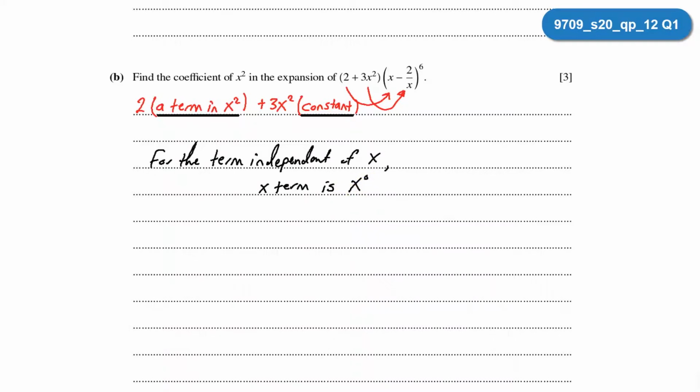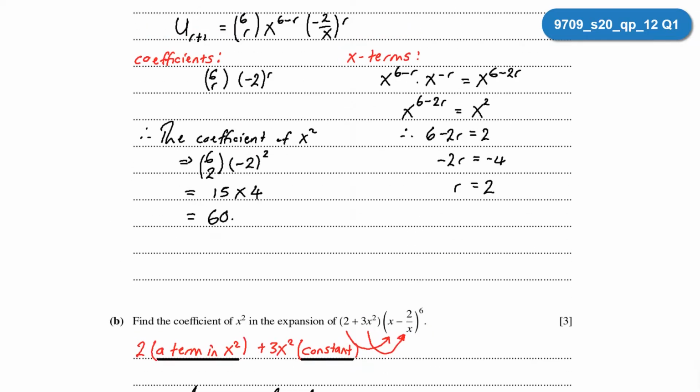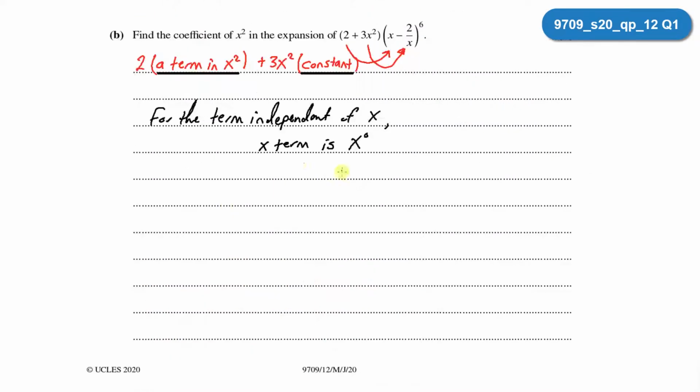So the general expression for the x terms, we got it to be x to the 6 minus 2r. So x power of 6 minus 2r should be equal to x power 0, which means 6 minus 2r is equal to 0 by equating the powers. And if we solve for r from this little equation, we get r coming out as 3.